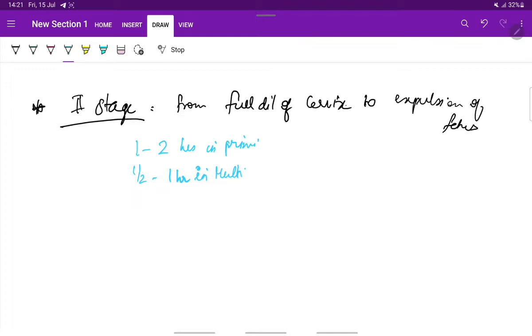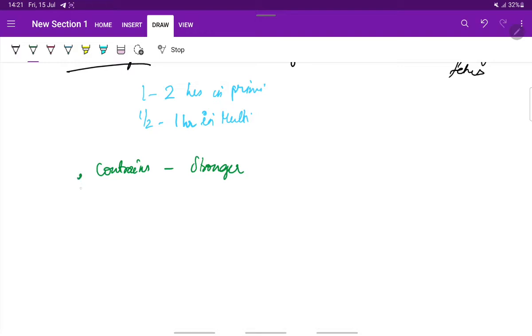And here in second stage, the uterine contractions become stronger. Also the voluntary muscles, which are the accessory muscles, also begin to contract, thereby helping in pushing down the fetus.